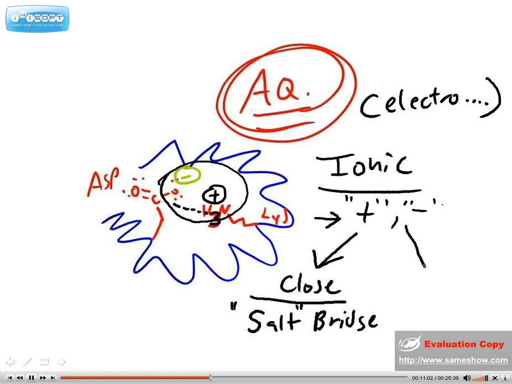If it turns out that those amino acids are very far away where they can't touch, you can have long distance opposite charge attraction. So you have long distance electrostatic interactions.